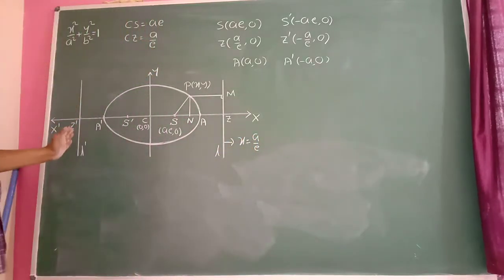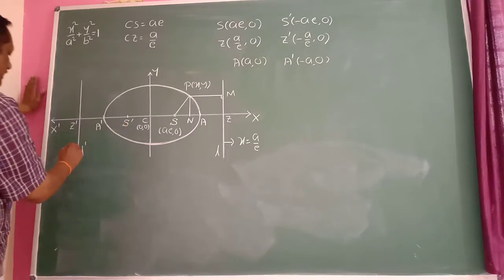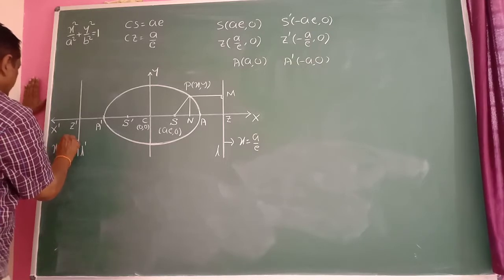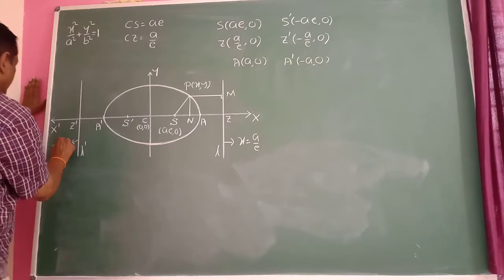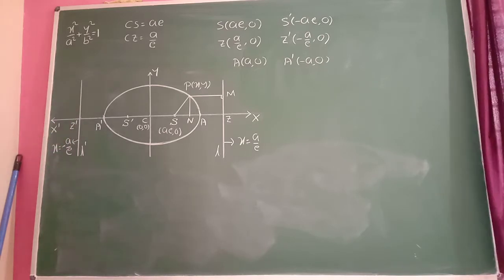This is also a directrix parallel to the y-axis, but it lies on the left side. Therefore, its equation is x is equal to minus a divided by e.